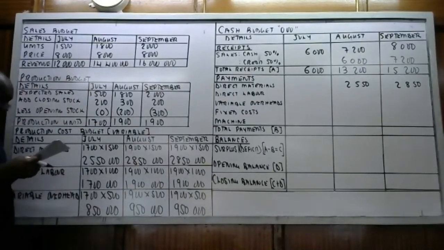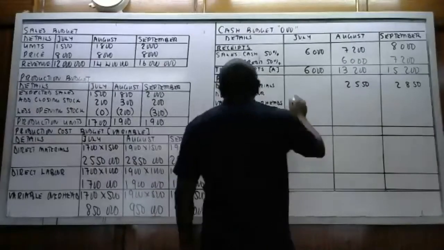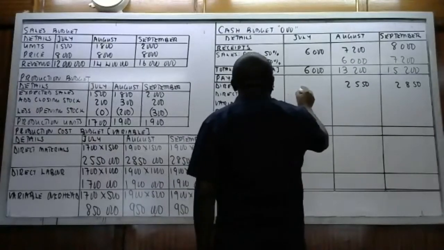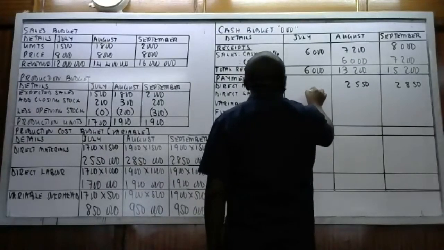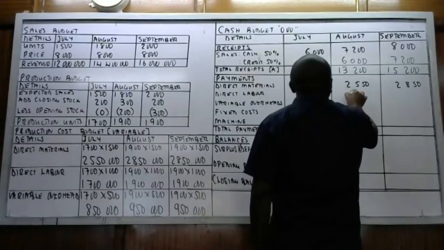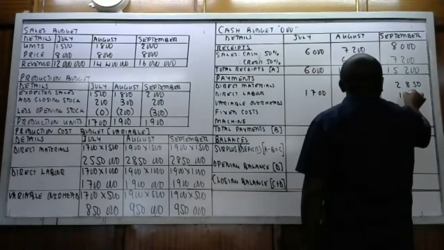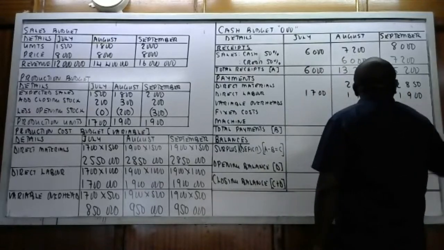Labor tunaambiwa by information 6, those ones you pay as we incur. So every month tunalipia. So labor tunalipa 1,700 here, hapa tunalipa 1,900, na hapa the same thing 1,900.